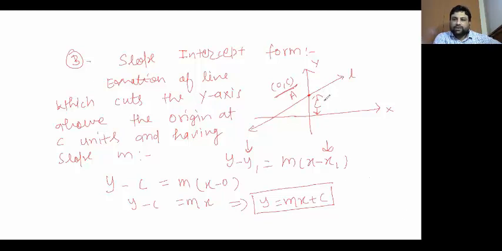Here you can see this c is called y-intercept, the portion of the y-axis which is cut by the line. The line cuts the y-axis at c units above the origin.